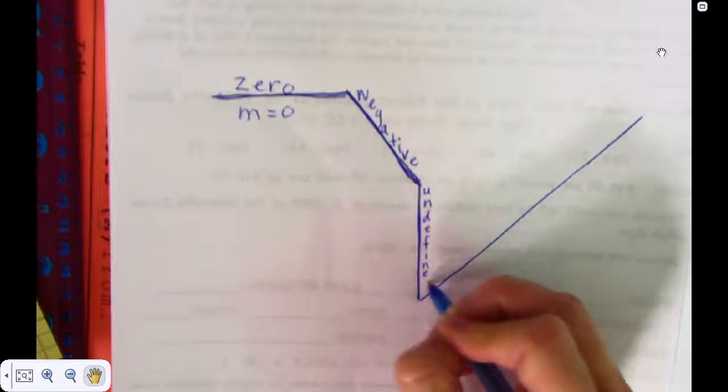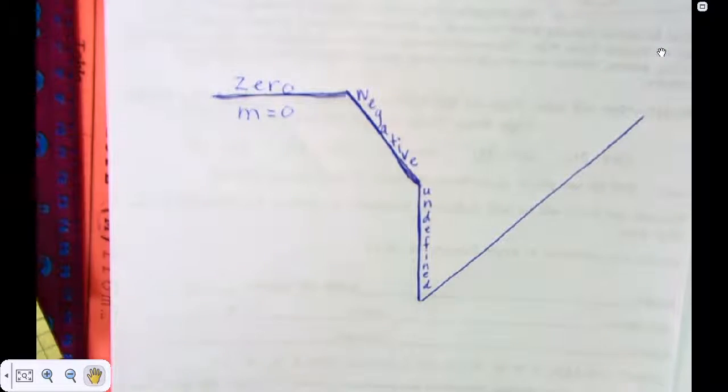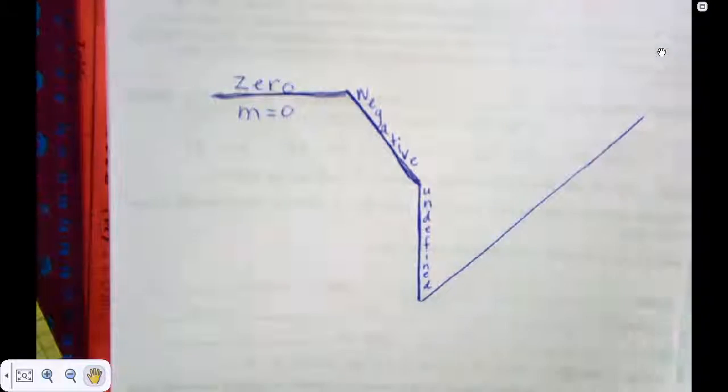Undefined. Because there is no, guys, there is no run. The run would be 0, and you can't divide by 0. On your calculator, it says error because you can't do it.